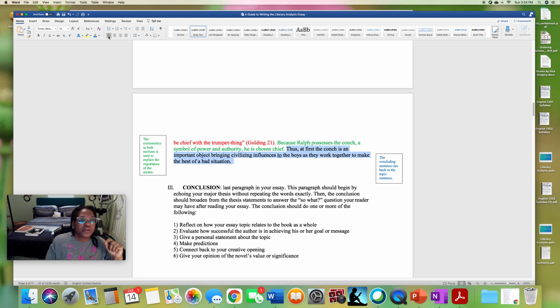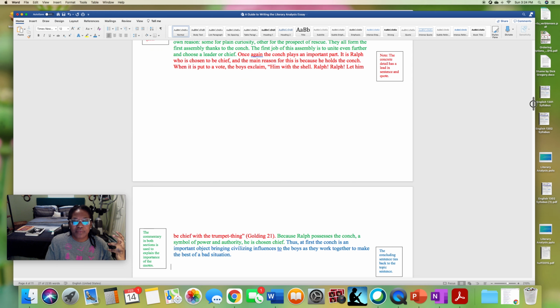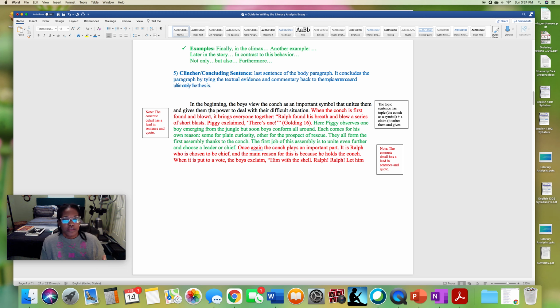What I have for you next is an actual sample paragraph, and it is color coded here. The color coordination is so that you can see how each particular part works in a body paragraph, right? The part in black is going to be the topic sentence. And this comes from William Golding's Lord of the Flies.